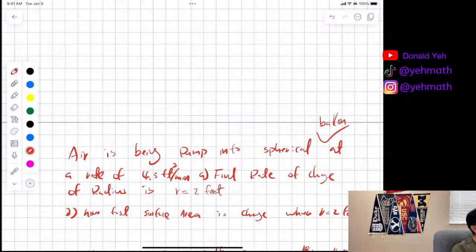Is it asking for the rate of change of surface area, how fast the surface area is changing when r is 2? Yeah, that's what we did in the last one.